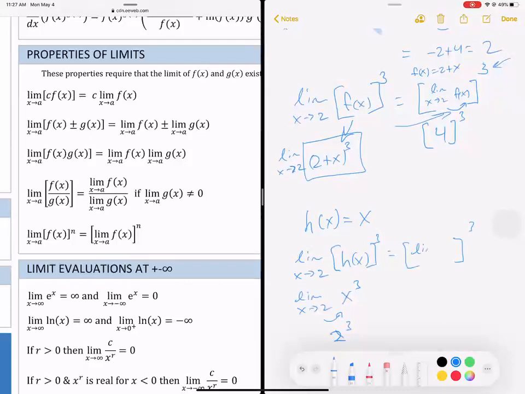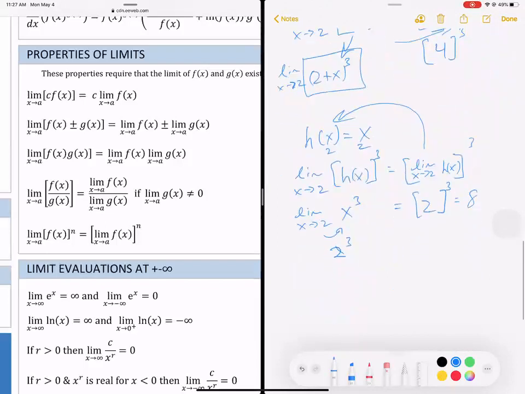And what's the limit as x approaches 2 of h of x? If I plug in 2, isn't x 2? This is just 2, and we're going to cube it afterwards. So essentially, we are taking the same amount of steps, but understanding that whether you square it or not, it's just like a regular problem. It's going to behave the way we thought it was going to behave.